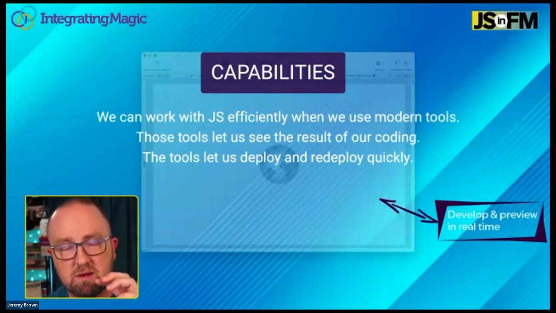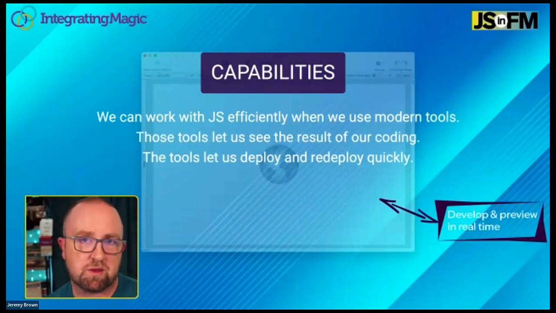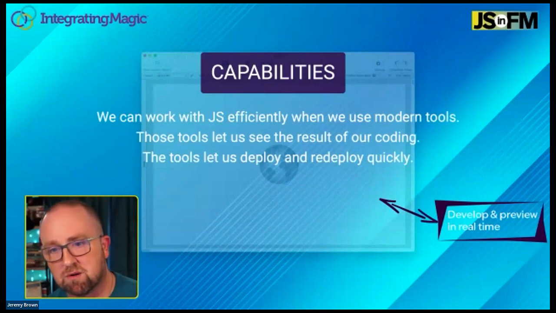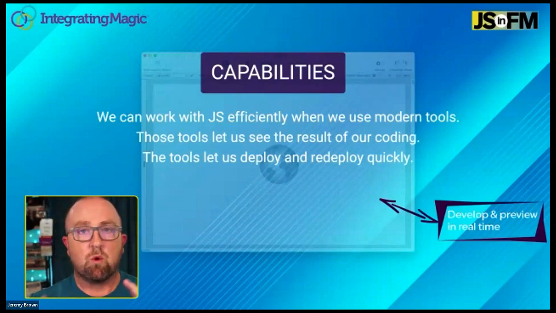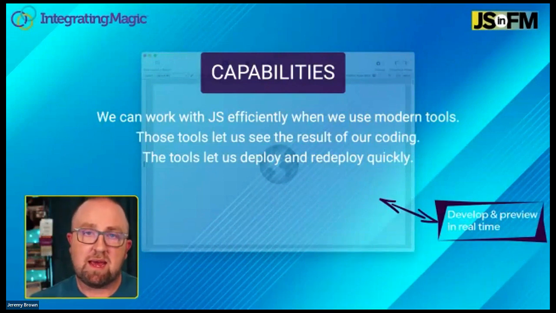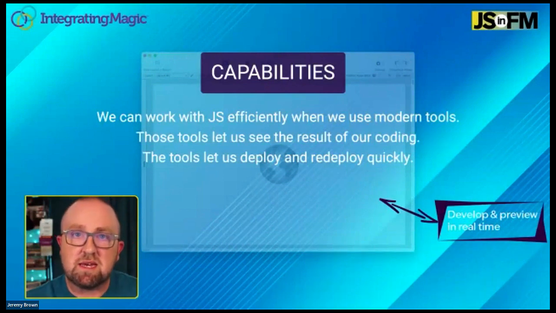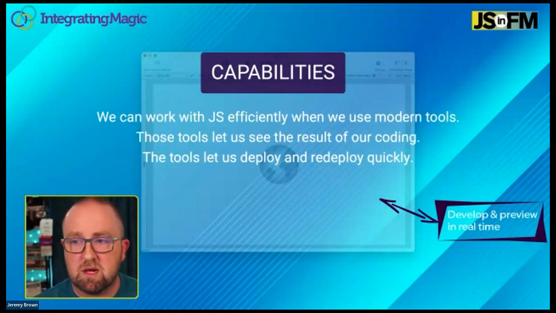Now, here in 2023 with FileMaker 19 and higher, we don't have to rely on putting our code into fields anymore. We can instead use modern tools to work efficiently with JavaScript. We can use a code editor like VS Code and FileMaker right next to each other and work with them at the same time, developing our code while seeing it render in the web viewer.